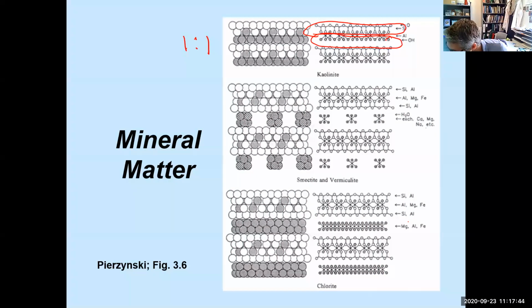And these ones here, of course, are our 2-to-1 phyllosilicates. And if those terms, 1-to-1 and 2-to-1, don't ring a bell with you, or you never heard of them before, that's okay, because we're going to cover that in more detail later.